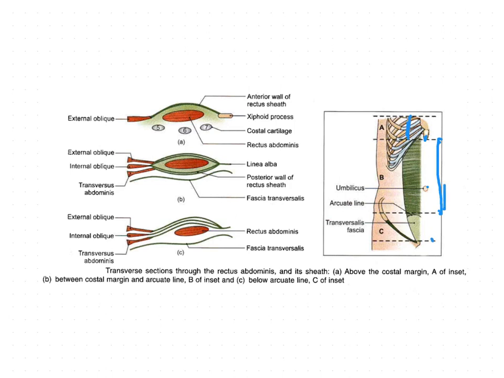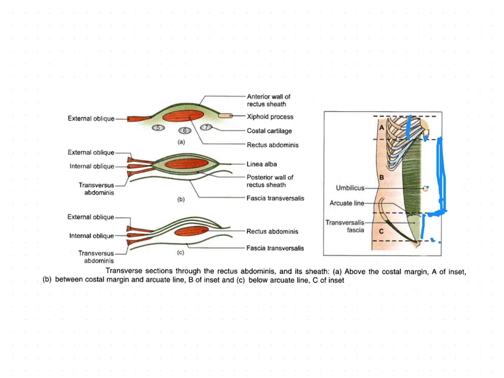The third one is below the midpoint between the pubic symphysis and the umbilicus. Below this midpoint is the arcuate line, so below the arcuate line to the pubic symphysis is the third formation.